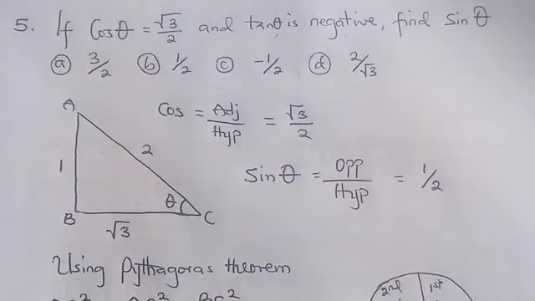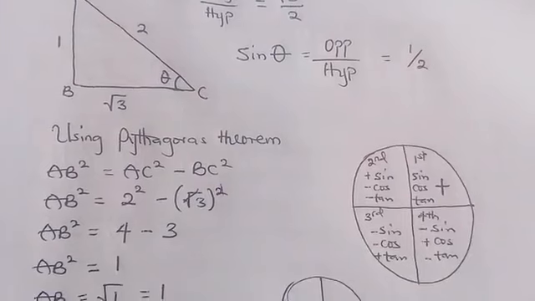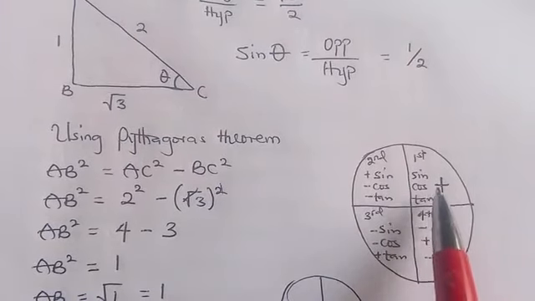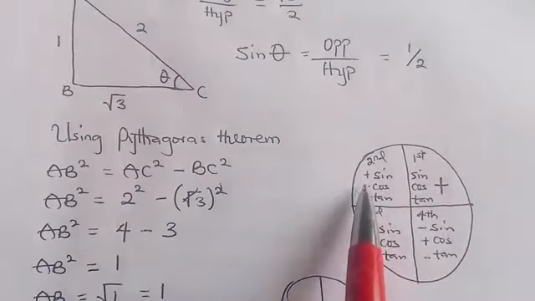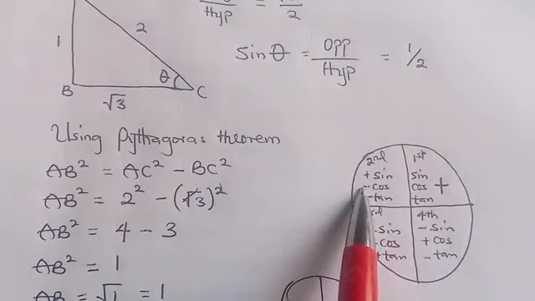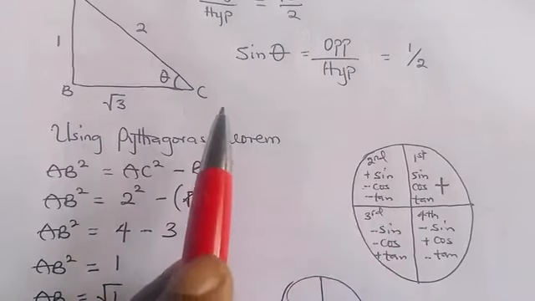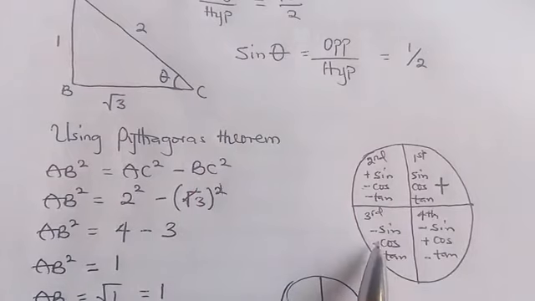So we'll go back to the quadrant and see the place where cos theta is positive and tan theta is negative. When you come back to this our quadrant, you discover that in the first quadrant, all of them are positive. So that is not the quadrant that applies to this question. When you go to this second quadrant, sine is positive, cos is negative. Because cos is negative here, we cannot use the second quadrant for that question. So we'll come to the third quadrant.